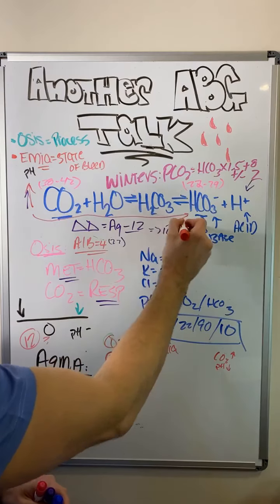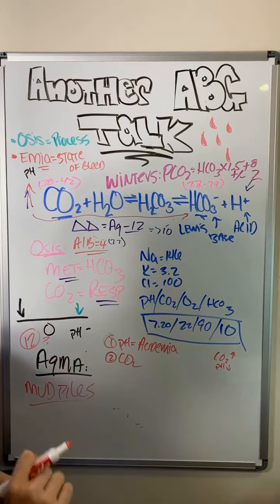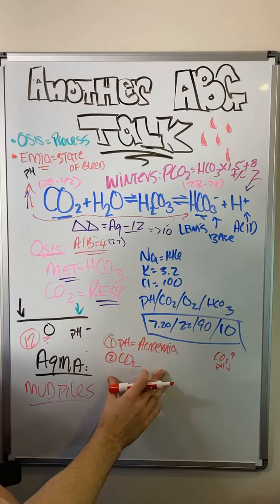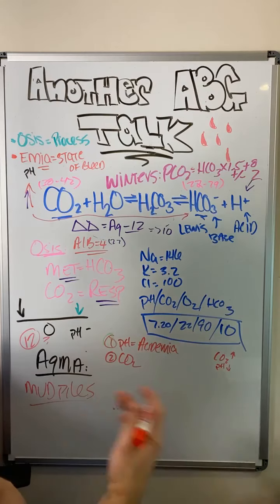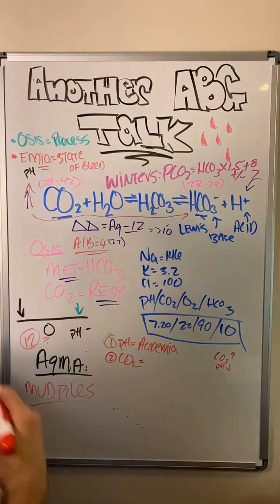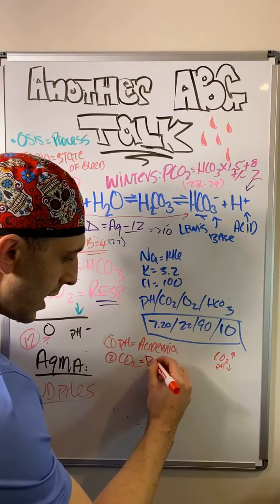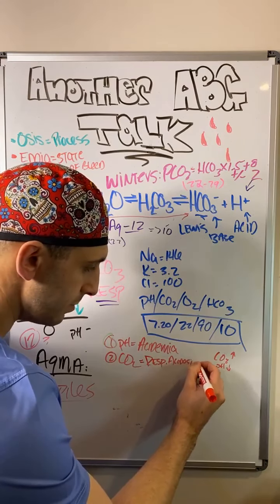So if my CO2 goes up and my pH drops, that means I have a primary respiratory acidosis. In this case, we look and we see that our CO2 is down. So I know that this person has, at the very least, a respiratory acidosis of some sort going on. Okay? Of some sort.